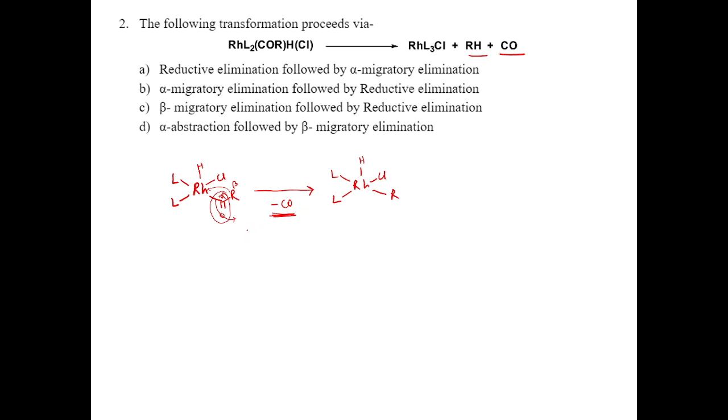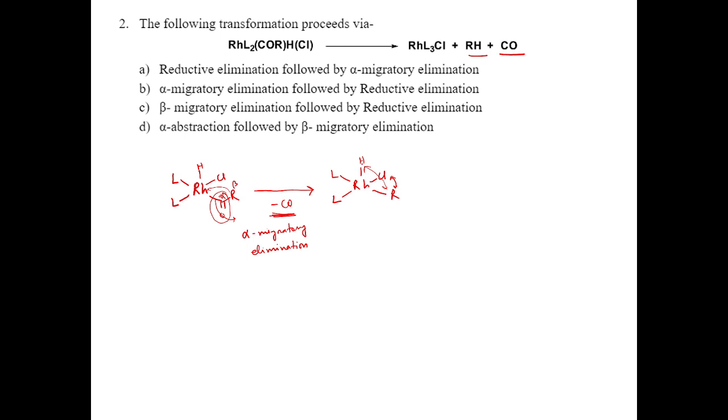That's why it is alpha migratory elimination, right? And now you see that with R, this CO and Cl are in the ortho position, and R and H are also in the ortho position. One is in the axial position, and the other is in the equatorial position.